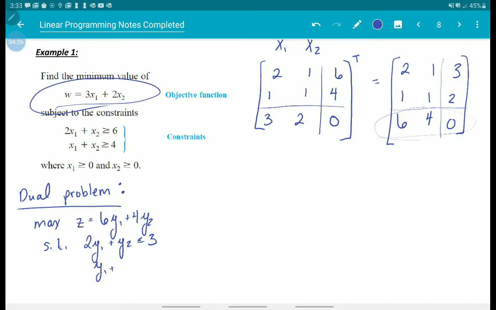And y1 plus y2 is less than or equal to 2. Those are the constraints. Objective is always on the bottom. This is 6y1 plus 4y2 is equal to 0. Oh, sorry, is equal to z.